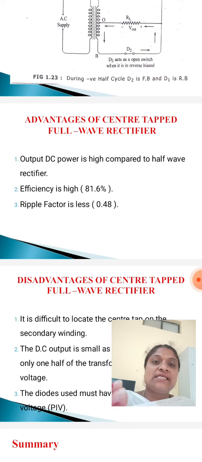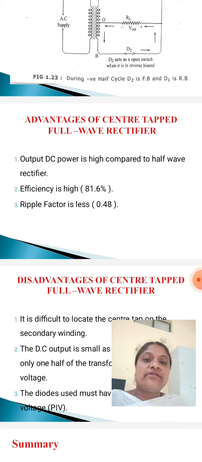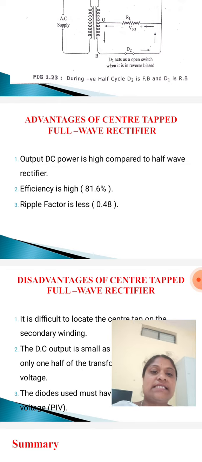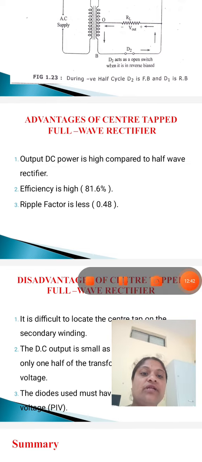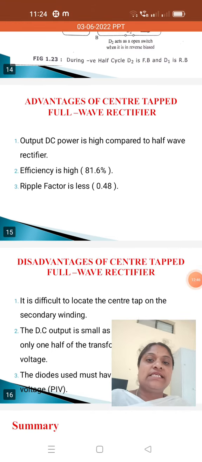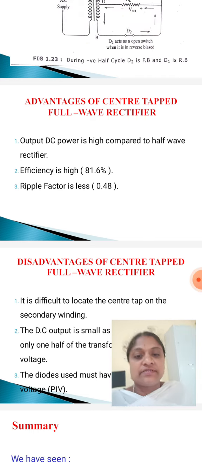The third advantage is that the ripple factor is less, that is 0.48. These three are the advantages of the center tapped full wave rectifier.